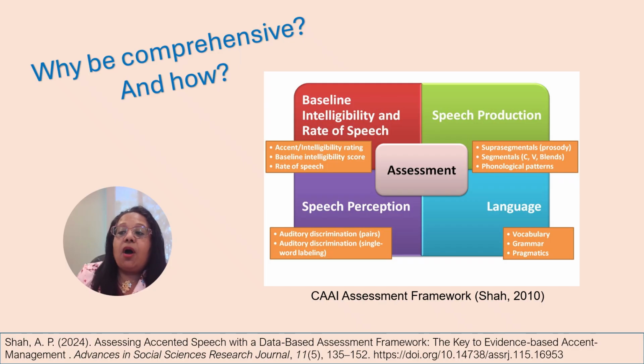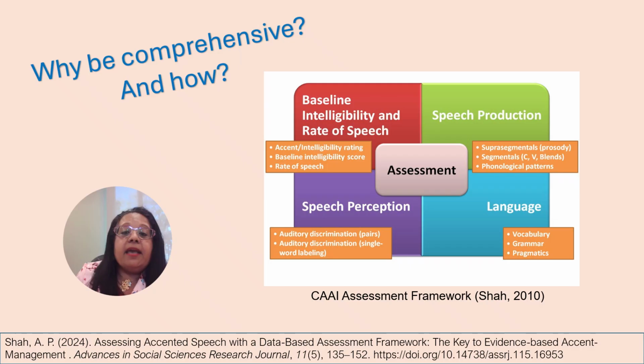We then move on to prosody and look at stress, emphasis, intonation, and then we finally look at listening abilities, such as auditory discrimination, and finally something that people often forget to measure, we look at higher order language issues such as grammar, professional vocabulary, and even nonverbal skills such as body language and pragmatics.